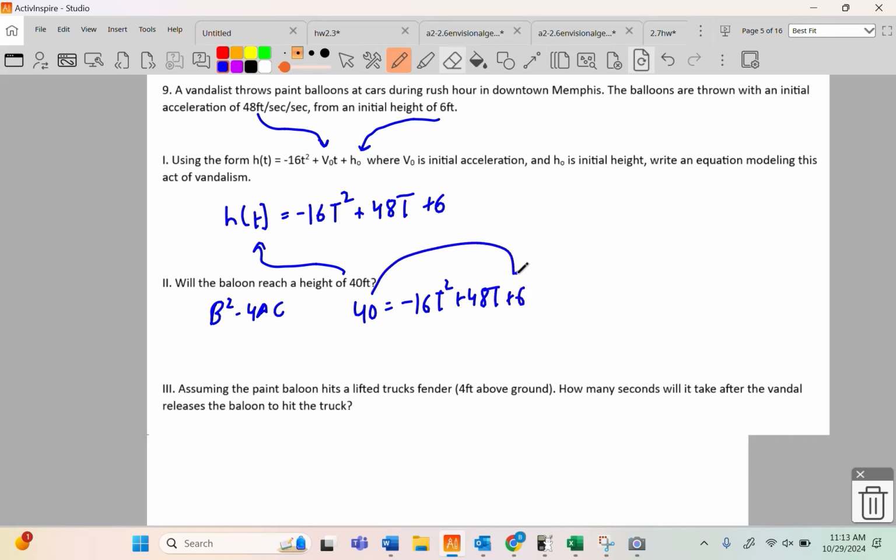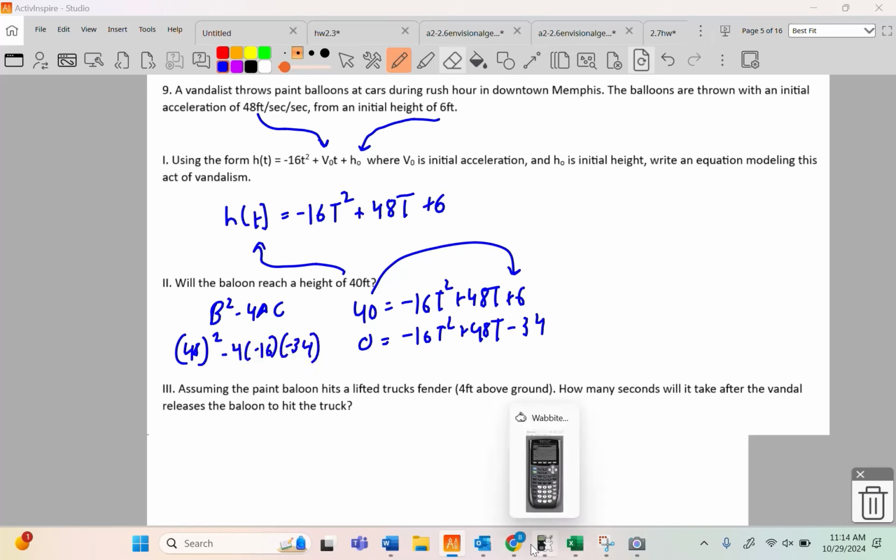We're going to subtract 40 from both sides. And 6 minus 40 is negative 34. Then we're going to go to b squared minus 4ac. We're going to have 48 squared minus 4 times negative 16 times negative 34. And then we're going to push some buttons, right?